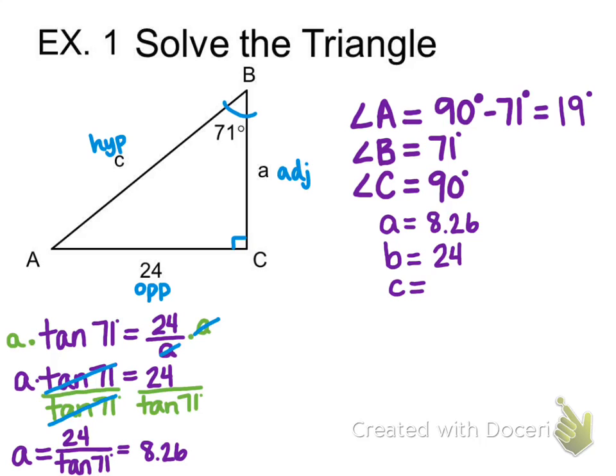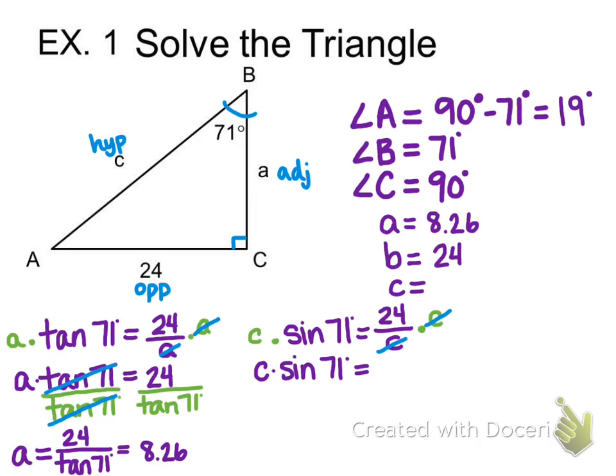If I'm solving for side C, I want to use again what was given. That's angle B and the opposite side 24, and I'm solving for the hypotenuse. So opposite over hypotenuse is sine of 71 equals 24 over C. We multiply by C on both sides, which cancels the C's on the right, so I've got C times sine 71 equals 24.